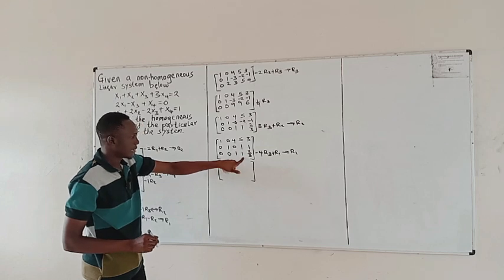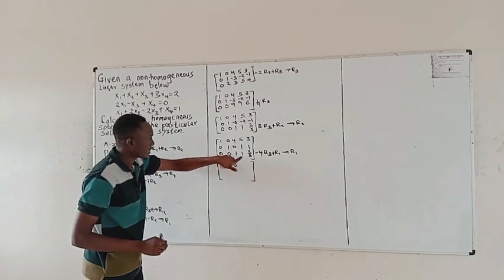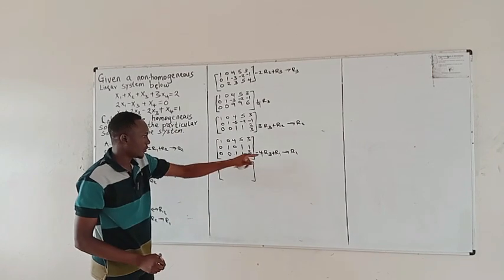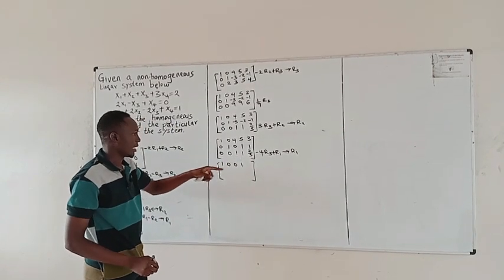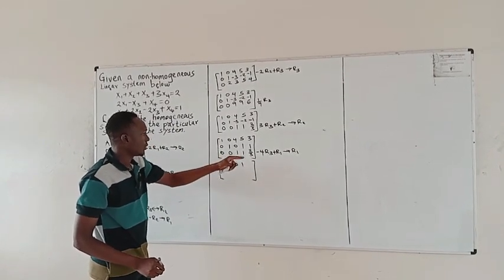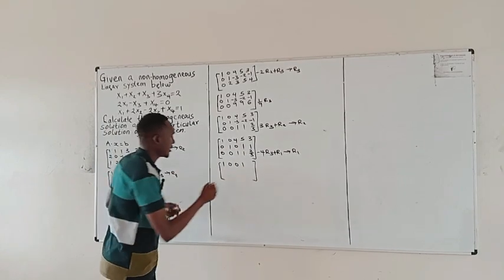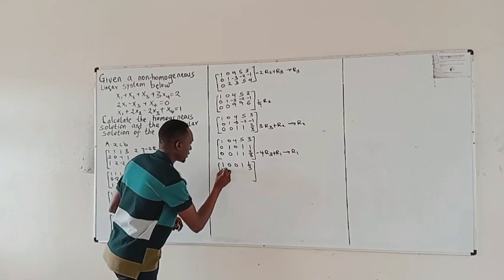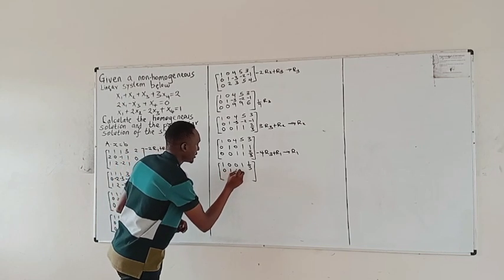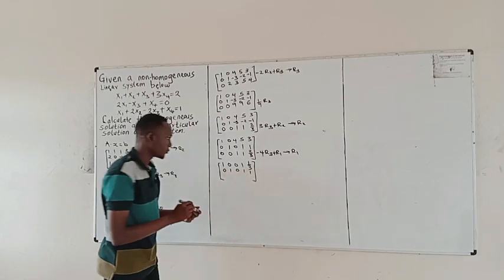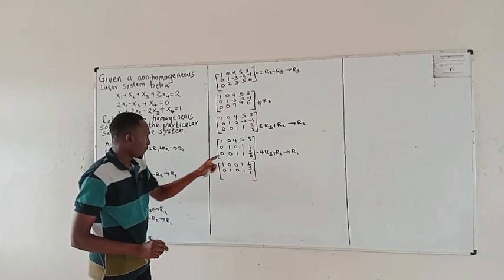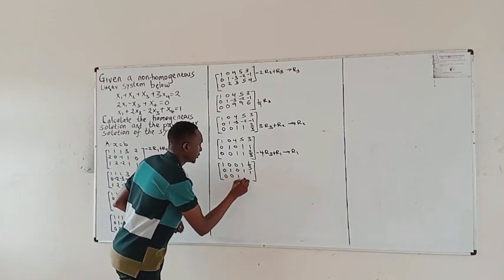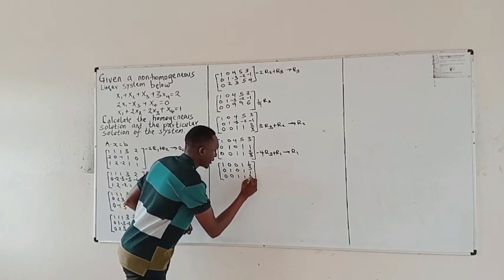Minus 4 times 1 is minus 4. Minus 4 plus 5 is 1. Then minus 4 times 2 over 3, that is minus 8 over 3. Minus 8 over 3 plus 3 is 1 over 3. Then we maintain row 2, 0, 1, 0, 1, 1. We also maintain row 3, 0, 0, 1, 1, 2 over 3.